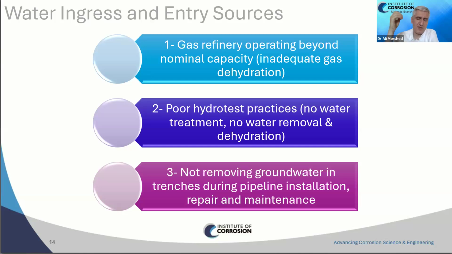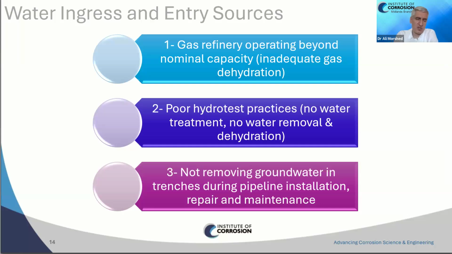For instance, if a gas refinery is working at 500 million cubic meters of gas per day, they increase it to 600 million cubic meters of gas. About 20% of the gas, equaling 100 million cubic meters, will not be treated properly. That means it will not be dehydrated properly. So water is going through the system.